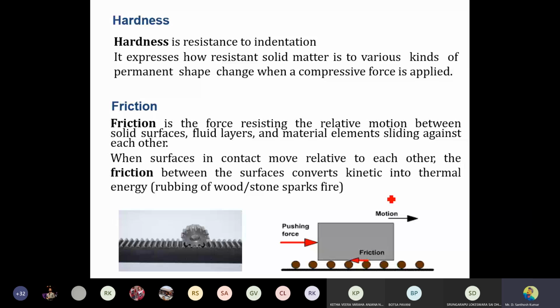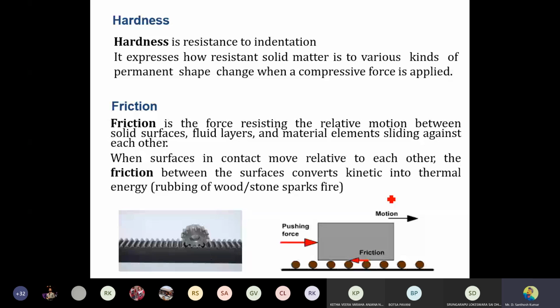Hardness is resistance to indentation, scratch, and all the things. Majorly, it expresses how resistant solid matter is to various kinds of permanent shape changes when compressive forces are applied. So we are applying different compressive forces, with different kinds of indentations. Here, our intention is to see how resistant the solid matter is.